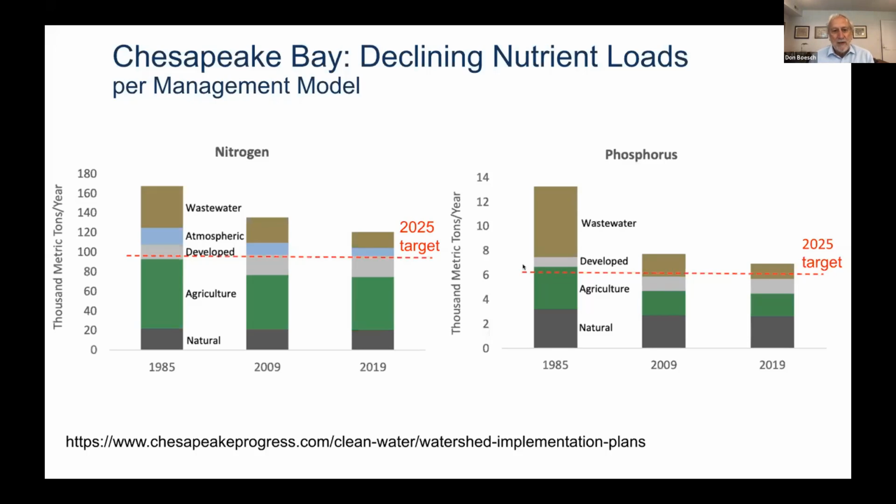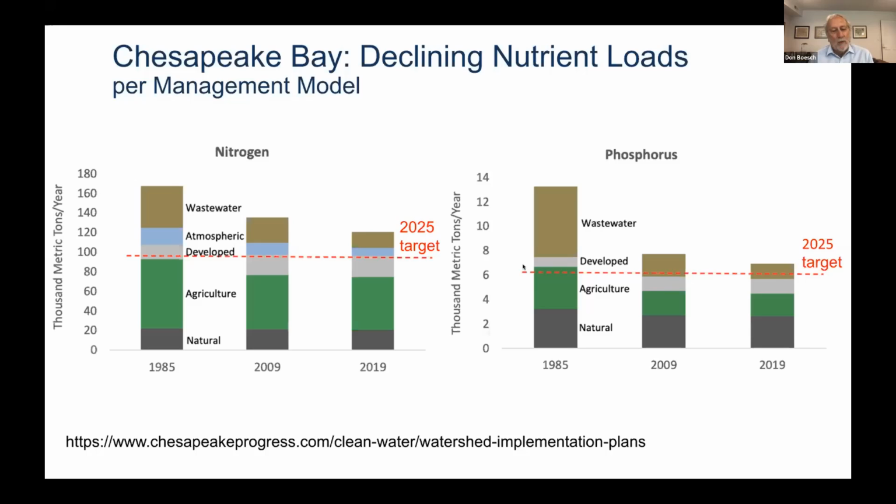For nitrogen, this graph shows it a little bit, but there's other data that suggest it's even more powerful, that there's been a significant reduction from atmospheric deposition sources of nitrogen because of actions we've taken to clean up air and reduce nitrogen oxides in the atmosphere. It also shows some reduction from agricultural sources.